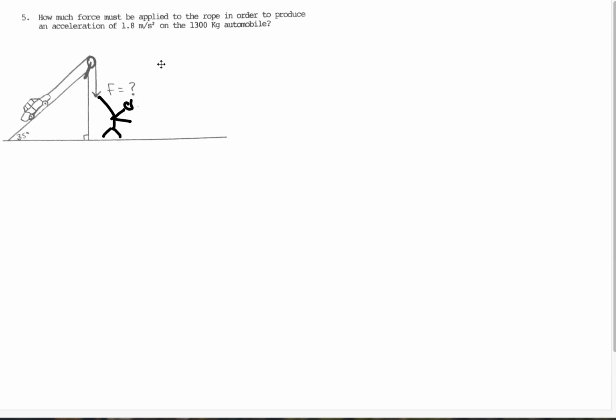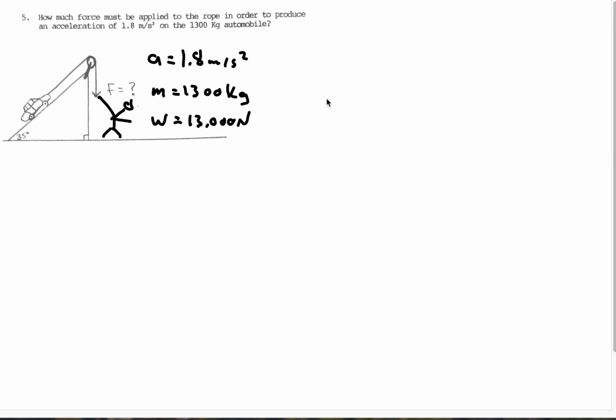How hard do you have to pull to make the acceleration 1.8 meters per second squared, and the mass of the car is 1,300 kilograms? Now, if the mass is 1,300 kilograms, the weight is going to be 13,000 newtons if I use gravity as 10, right? I'm rounding gravity to 10. So I know the acceleration, I know the mass, I know the weight.